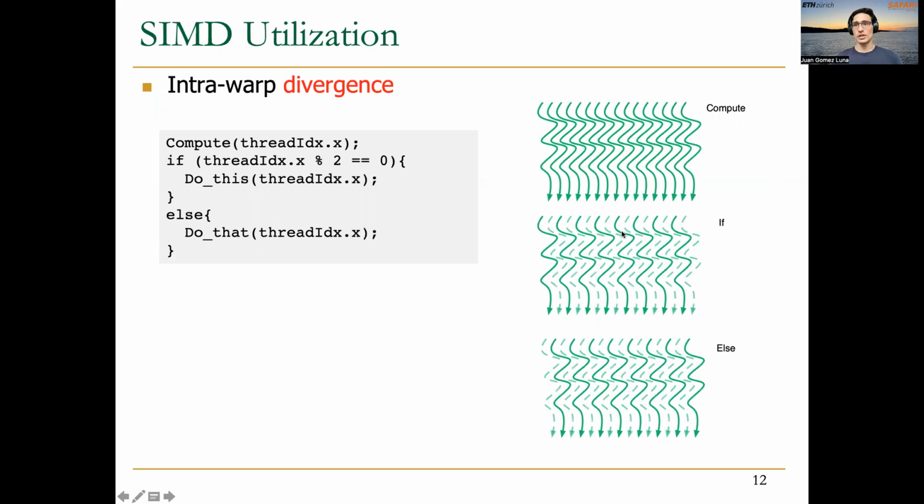What would happen here is that because threads in the same warp of a GPU are executed in lockstep, and we use a mask in order to enable predication and control flow divergence, we will first have all the even number threads executing the instructions under the if statement, and then the rest of the threads executing instructions after the else statement. So we are basically duplicating how we execute instructions here.